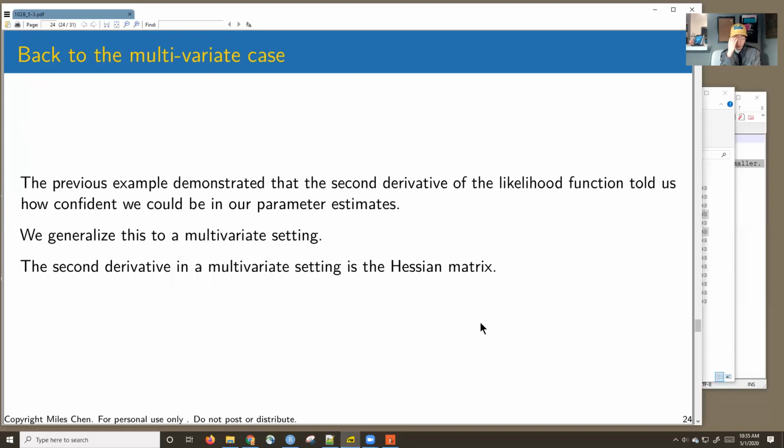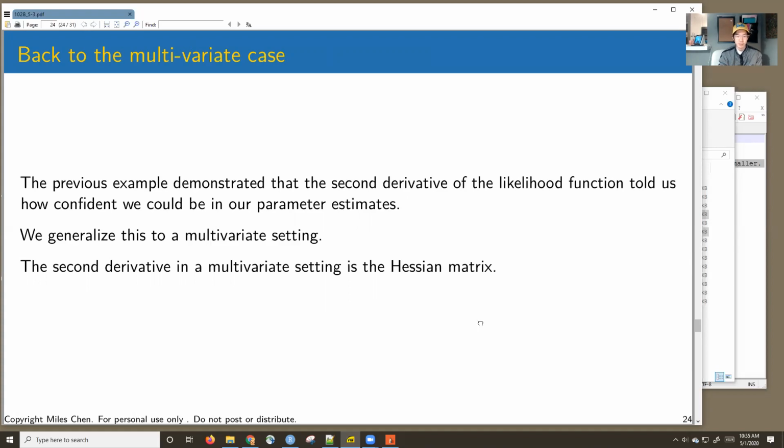Okay, so we are going to take that understanding of how the second derivative shows us the curvature of the likelihood function, and we're going to apply that in the multivariate setting. In the multivariate setting, the second derivative is basically the Hessian matrix.